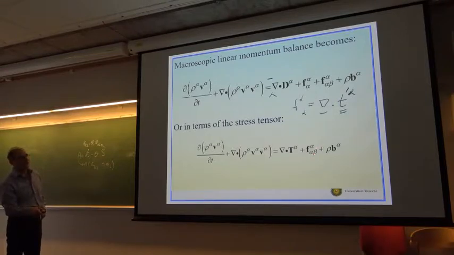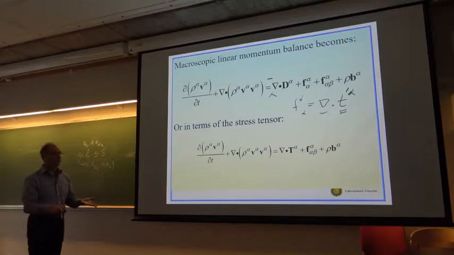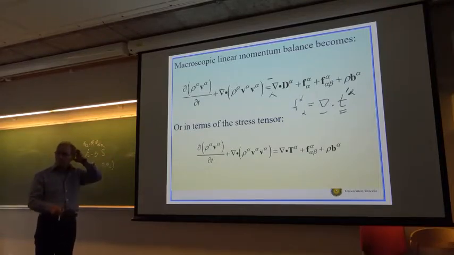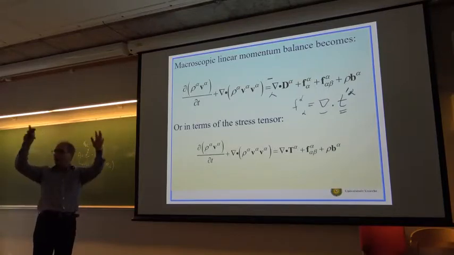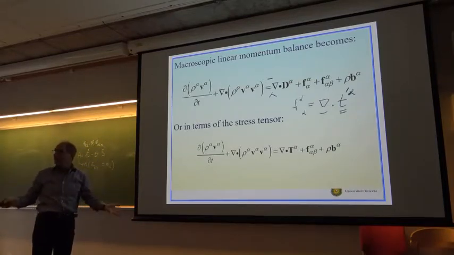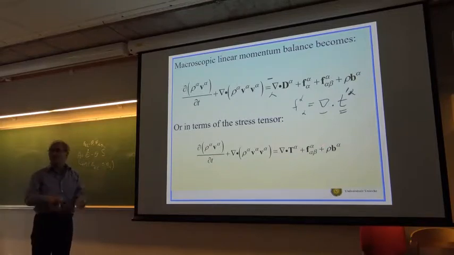And this force remains, it was a boundary force, but actually, because I do the averaging over the whole domain, the whole space, this boundary force is everywhere. So it's also a body force for the alpha phase.